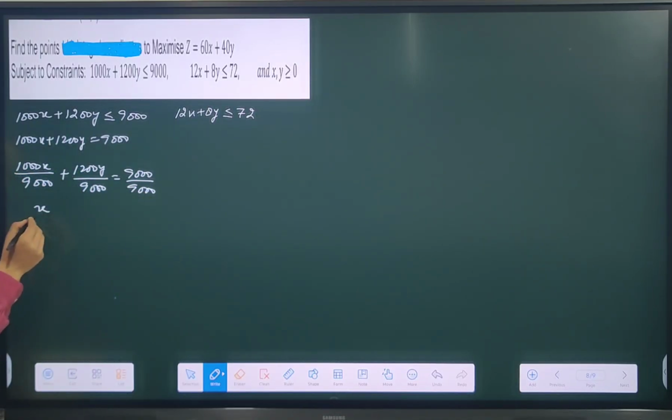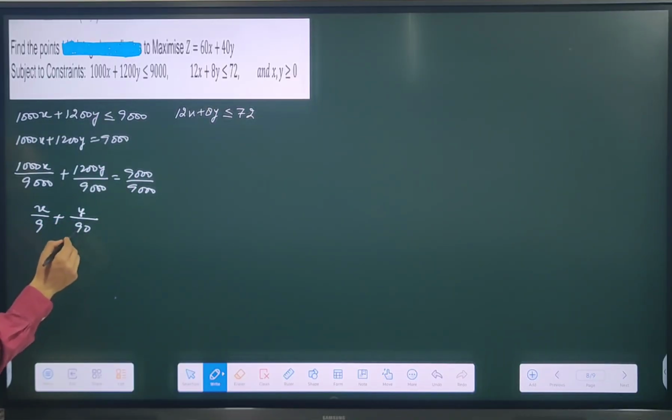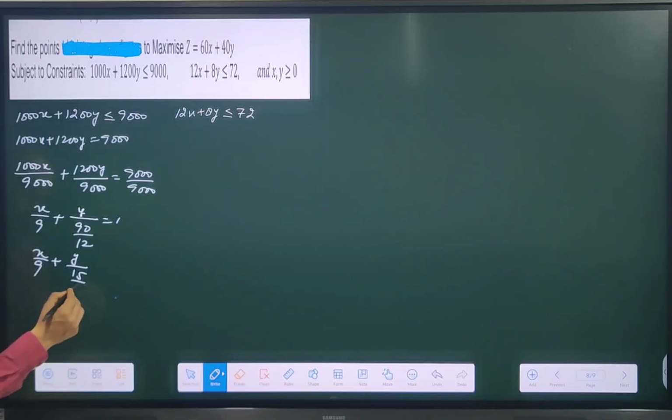So it will give you x by 9 plus y by 90 by 12 equal to 1, that is x by 9 plus y by 15 by 2 equal to 1.